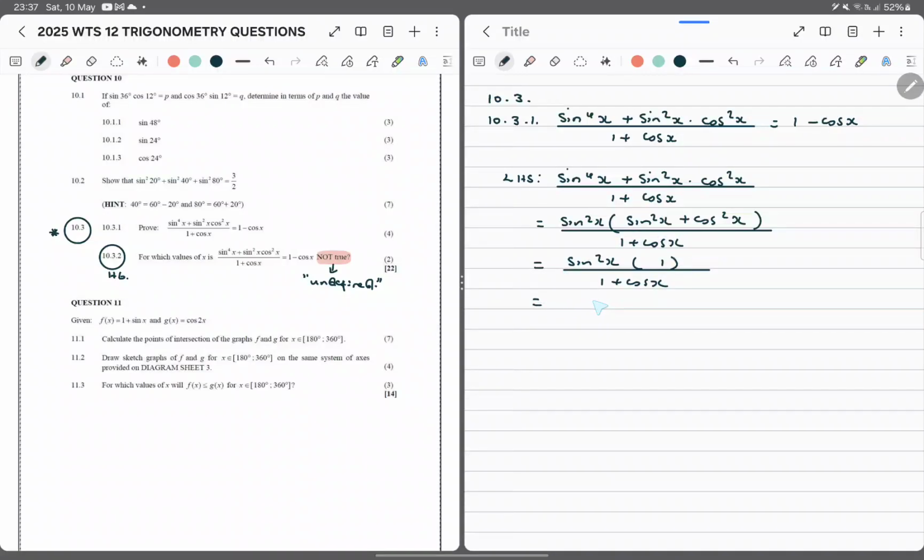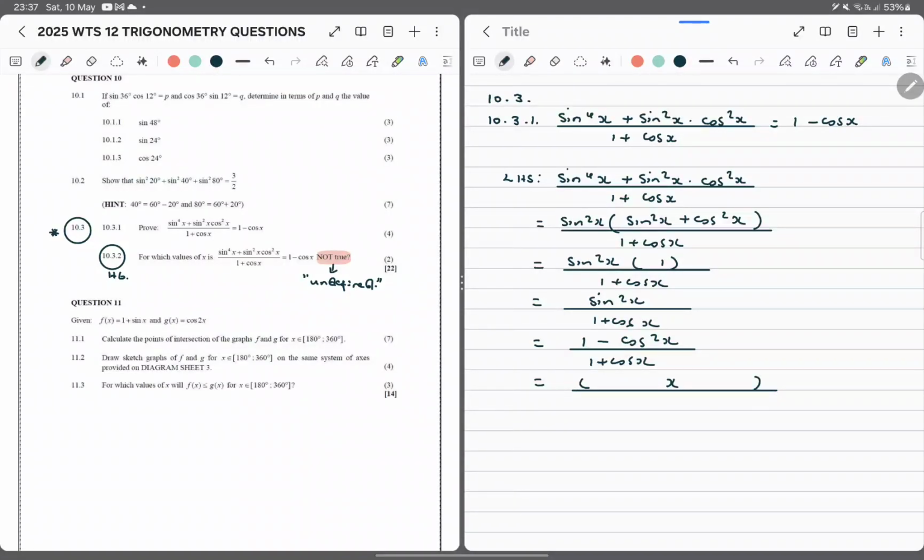So this is nothing but sine squared x over 1 plus cos x. So that's a square, which comes out as 1 minus cos squared x using identities again, over 1 plus cos x. We know that the numerator is a difference of 2 squares.